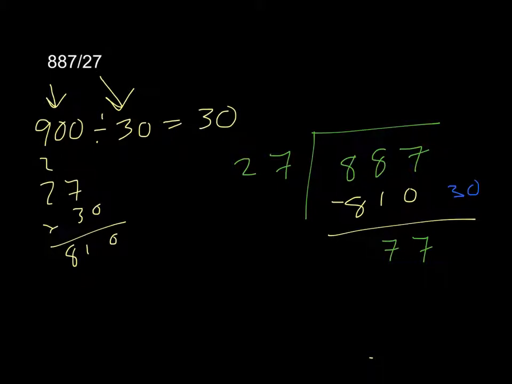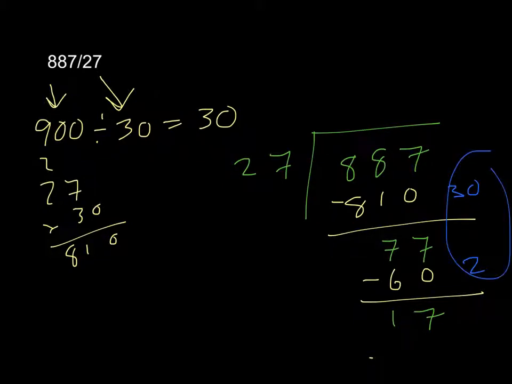I'm going to say 30 goes into 60, which is close to 77, twice. So 60. That's 2 times. Don't forget to put it on the side, which has a remainder of 17. And I know that 17 does not go into 27 evenly, so I'm going to take my 32 and have a remainder of 17.